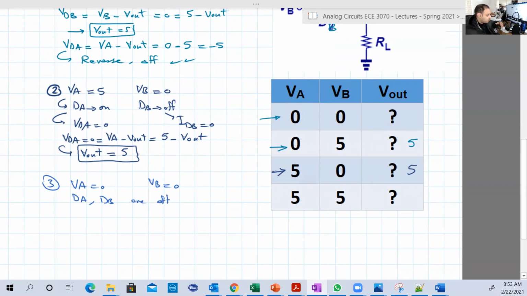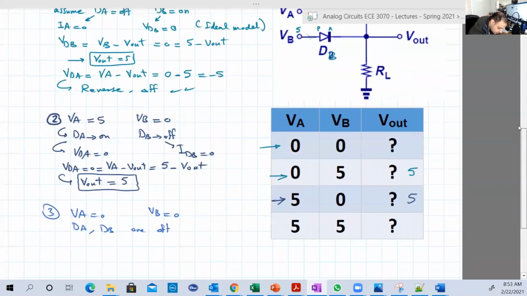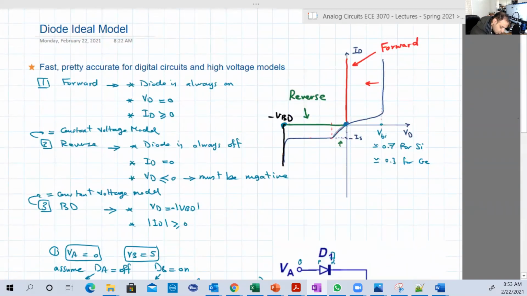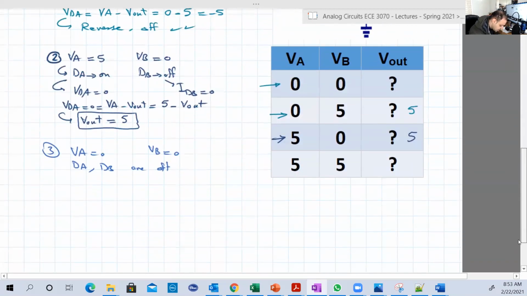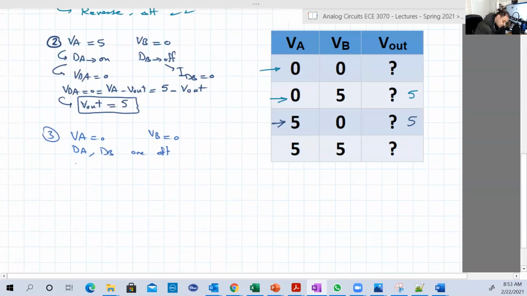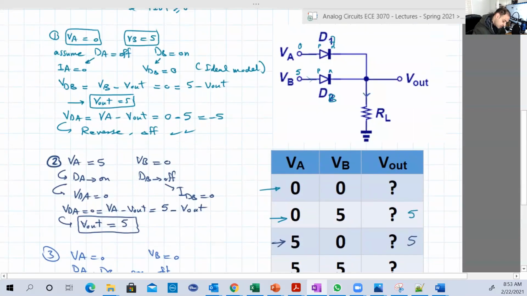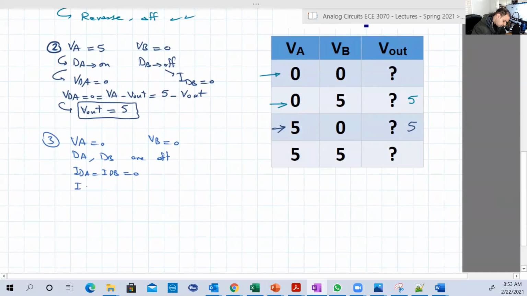Off means they are in reverse or at the transition point. We're gonna see. If they are off, then IDA equal to IDB equal to 0. Then let's assume the current here is I. Here is IA or IDA. Here is IDB. So basically I is equal to IDA plus IDB.